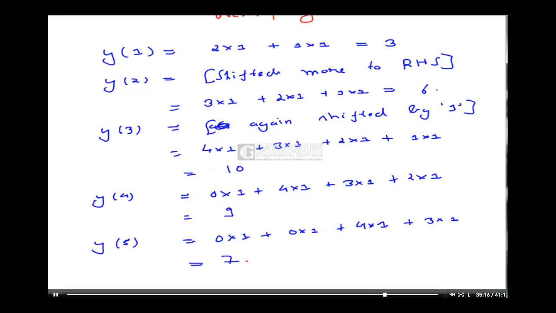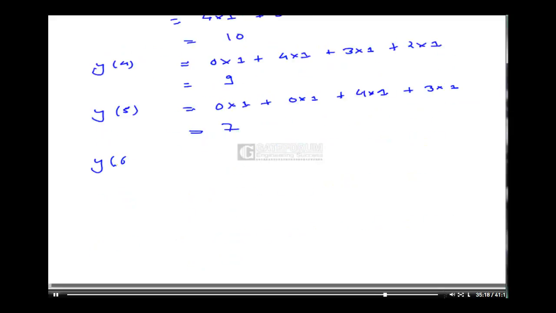This is equal to 7. y6 is equal to 0 into 1 plus 0 into 1 plus 0 into 1 plus 4 into 1, equal to 4. y7 will be equal to 0.